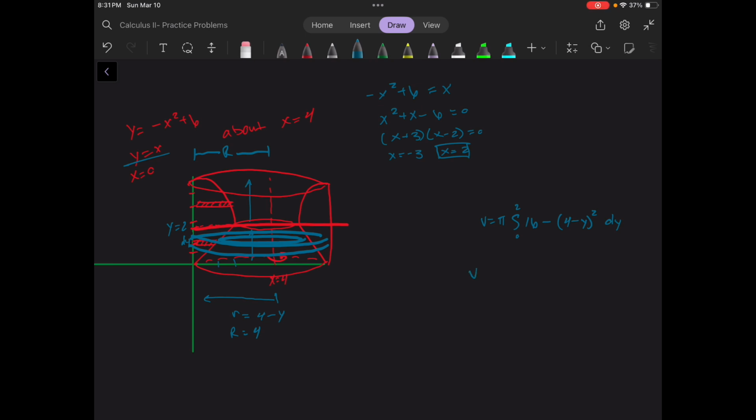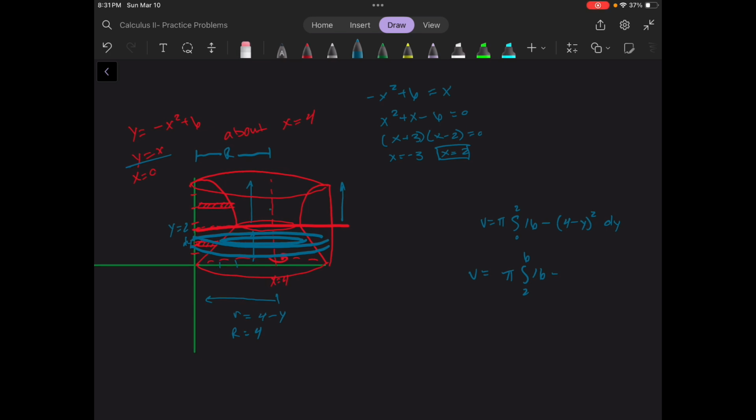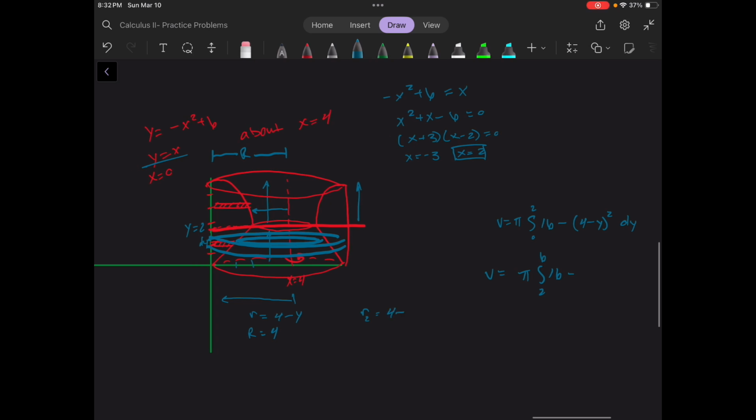That one's easy. Now let's find the volume of the other half of this shape, going from here to here. It's going to be 2 to 6. What's big R? It's still that constant 16, but the little r changes. Now the little r comes from here to that function there, right? So little r2 starts at 4 and ends at the function, but we want that function to be a function of y.